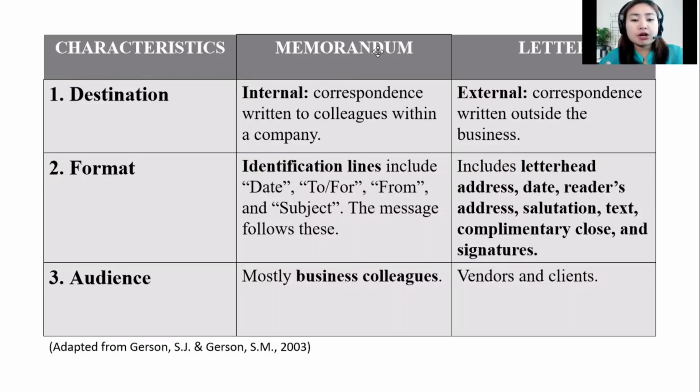That's why letters are an example of external correspondence, though there are also letters that are internal in nature. It depends on how you're going to send it. But for memorandum, one thing that we are sure of, memorandum is only used within the organization. It's an example of internal correspondence.